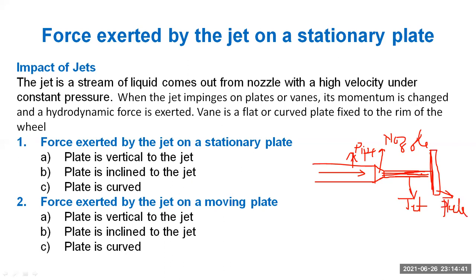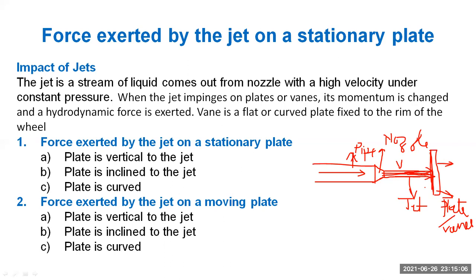When you place a plate or a vane which may be stationary or moving, at that time the jet of water coming out through the nozzle with a very high velocity will come and hit this plate.